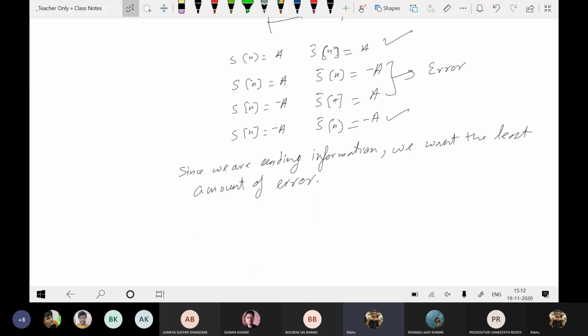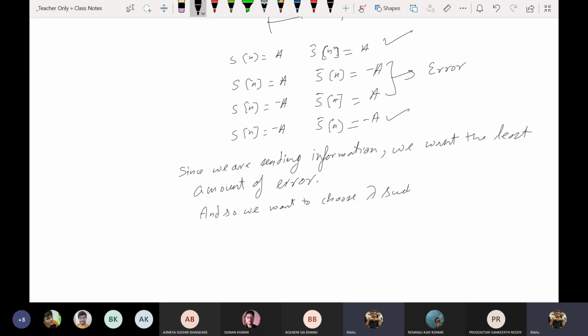And so we want to choose lambda such that the probability of error is minimized. Fine.